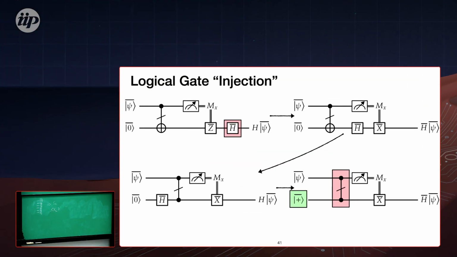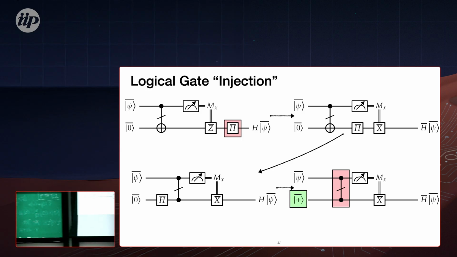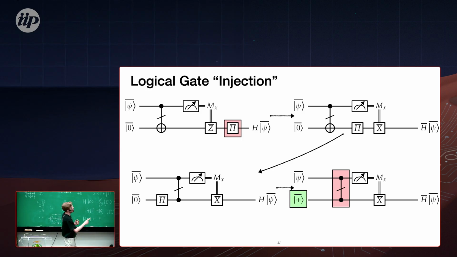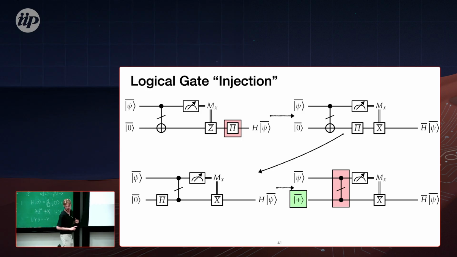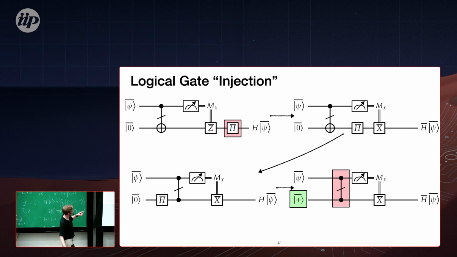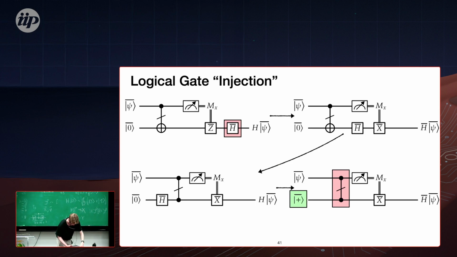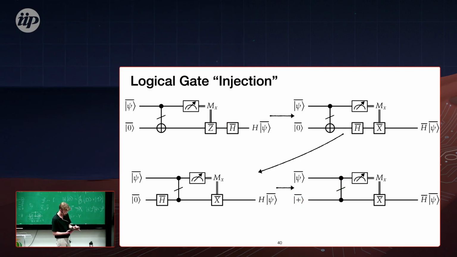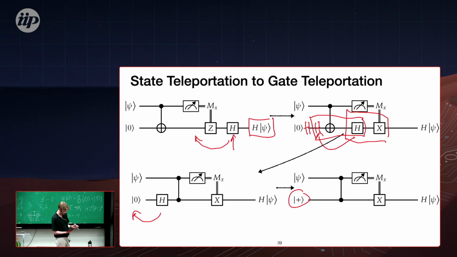Okay, so we have almost all the ingredients to perform universal quantum computation, because I can do the same thing if I replace this Hadamard with a T-gate.